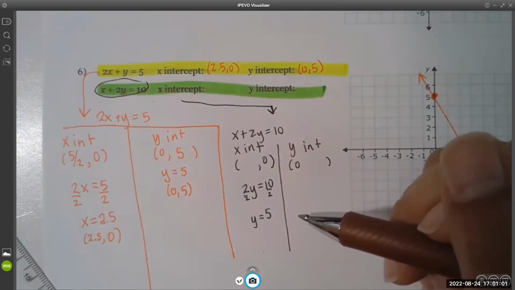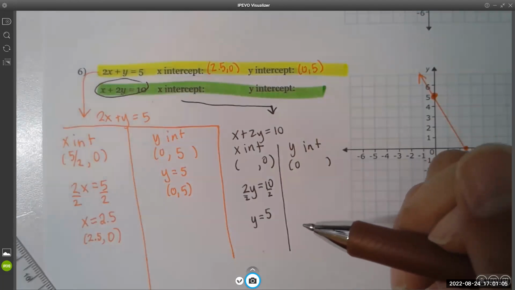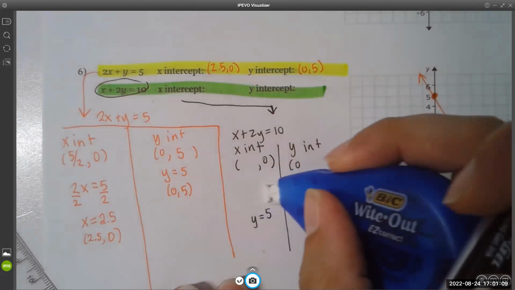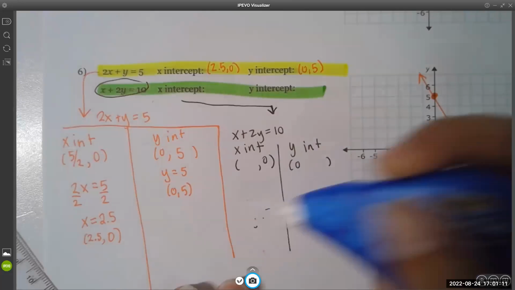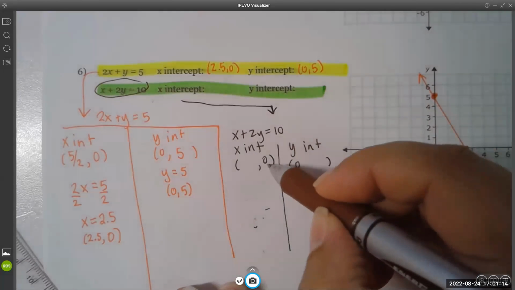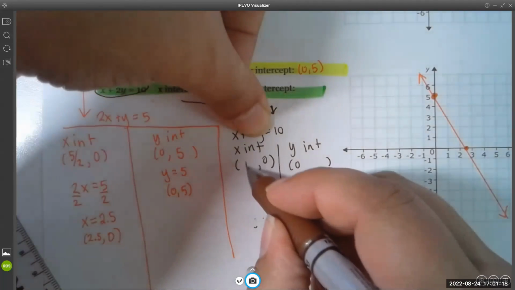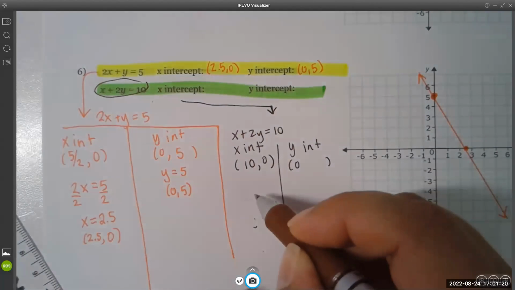Oh, man. I was supposed to let the y be 0. My fault. Sorry. If I let the y be 0, then this part's gone, and I get that the x is 10, right?